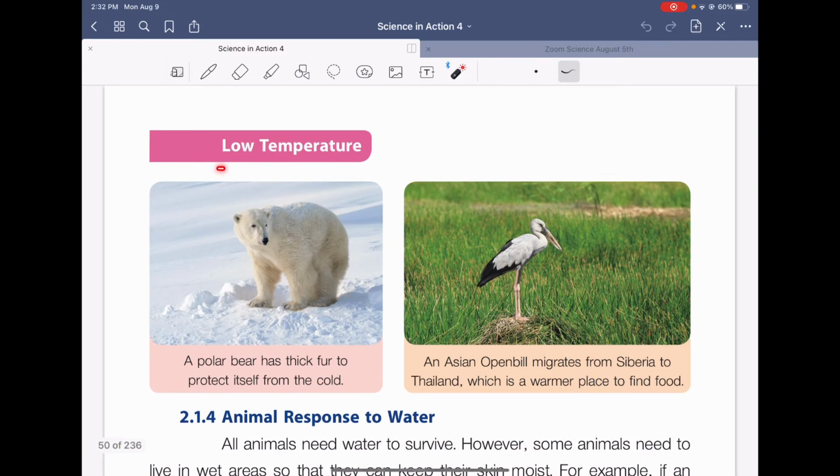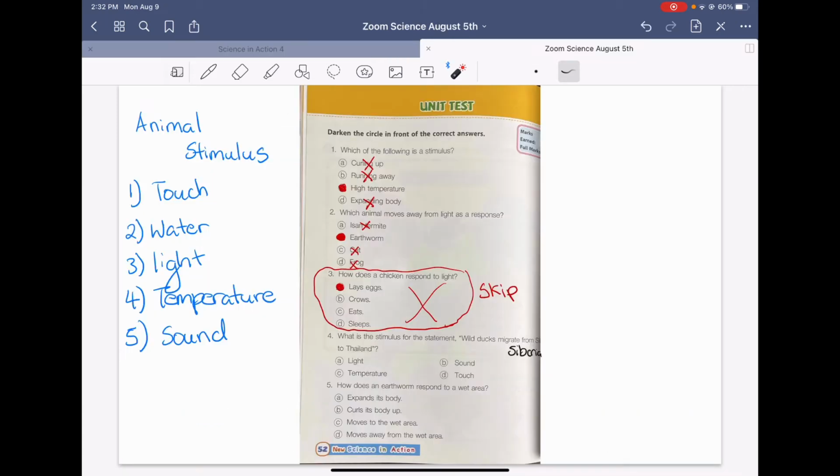It's warmer, right? So we're talking about temperature. So it's not light. It's not sound. It's not touch. It's temperature. That's why wild ducks migrate. When you migrate, it's for temperature.